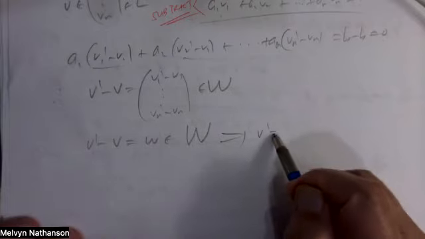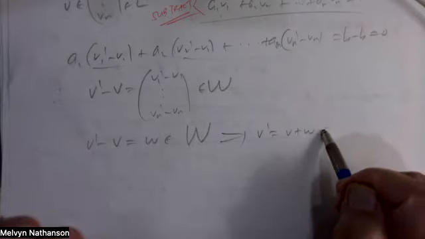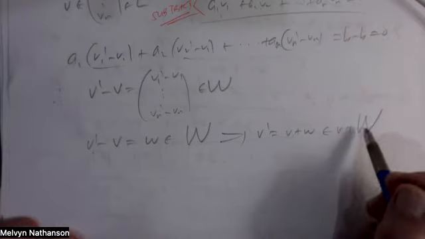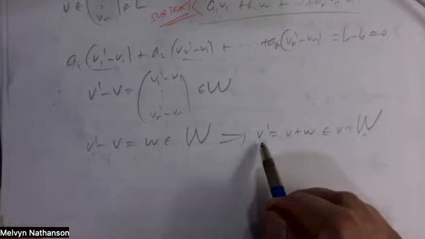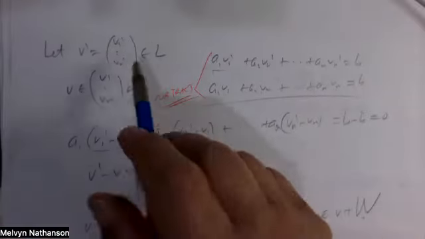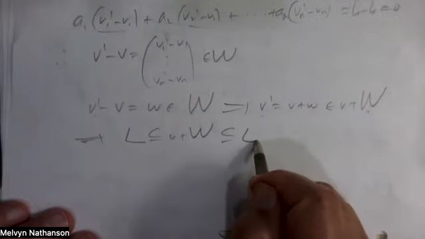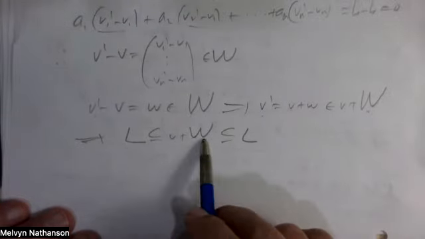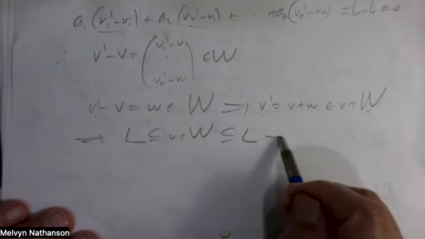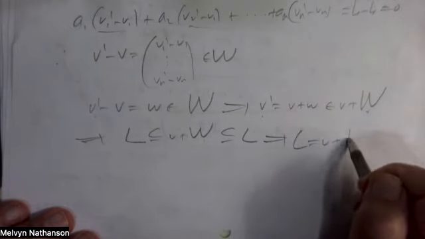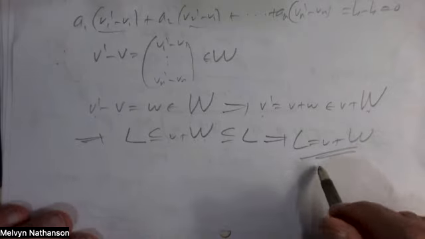So V prime is equal to V plus W, which is in V plus the translate of this subspace. For every V prime, an arbitrary vector in L. So that means L is contained in V plus W. But I had proved a moment ago that V plus W is contained in L. So every vector in L is in V plus W, every vector in V plus W is in L. That means L equals V plus W. And this is what an affine subspace is.